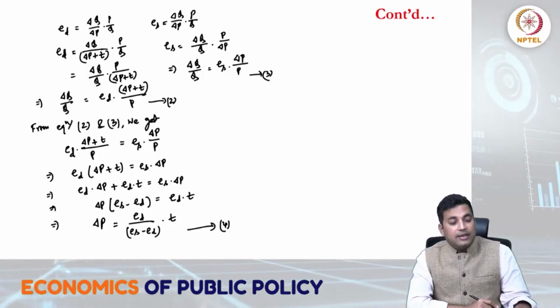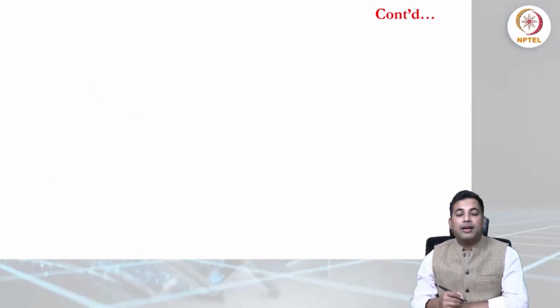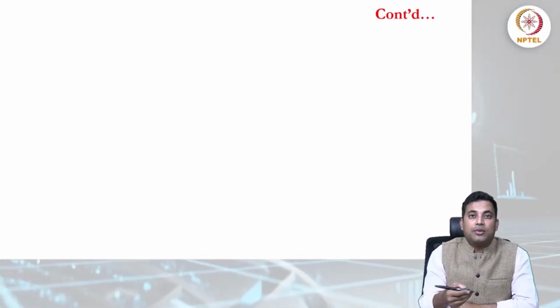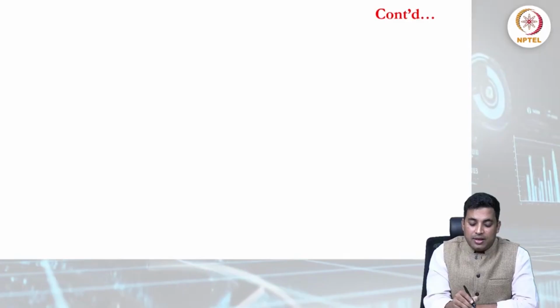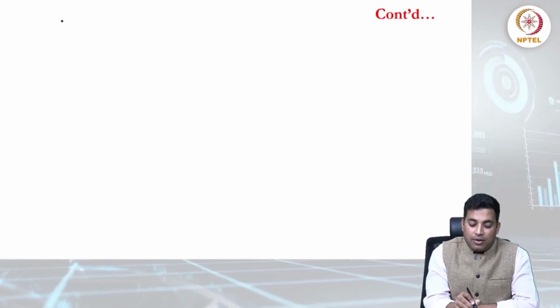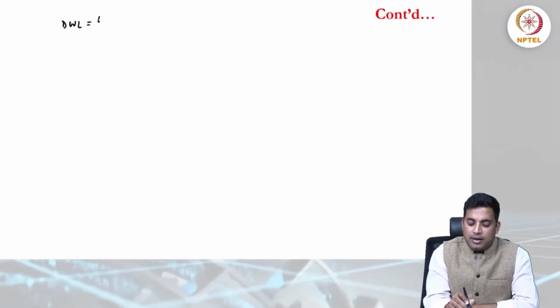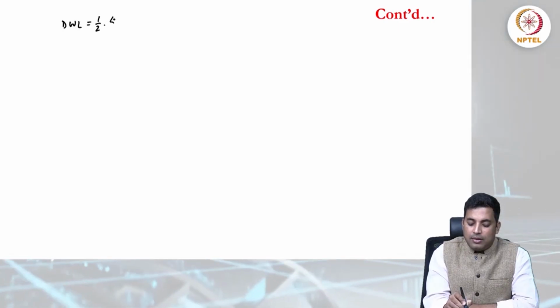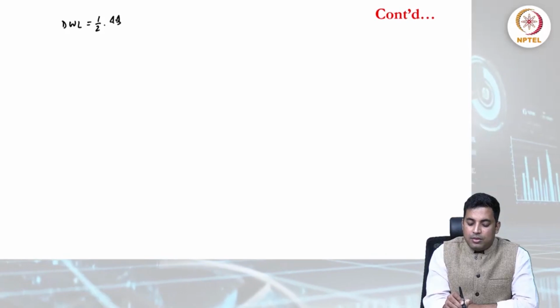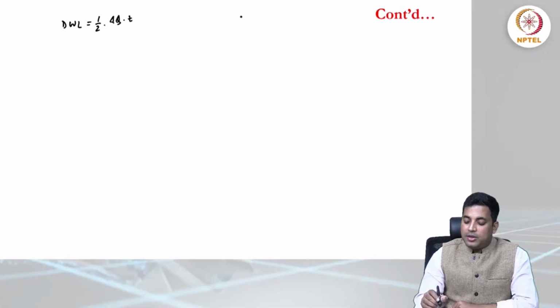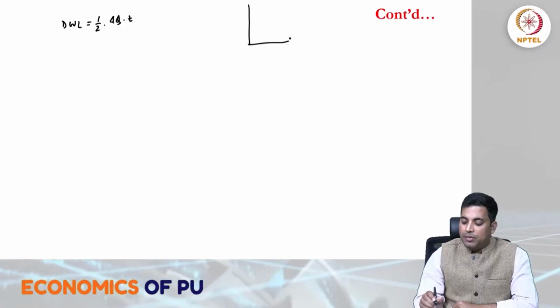So now let us move further and see how the deadweight loss calculation or expression that we had put down works. What do we know about deadweight loss? Deadweight loss is nothing but half of what we already know, and then T. So we know this particular expression, if you recollect.